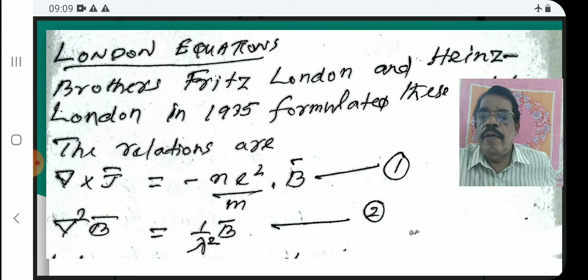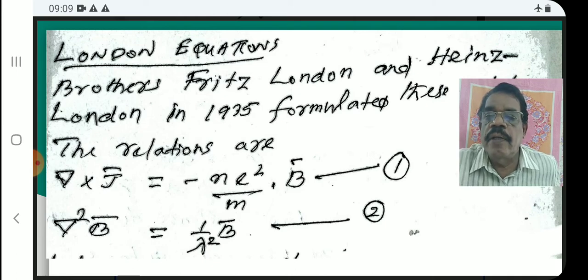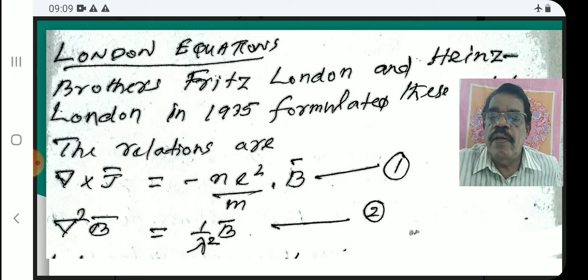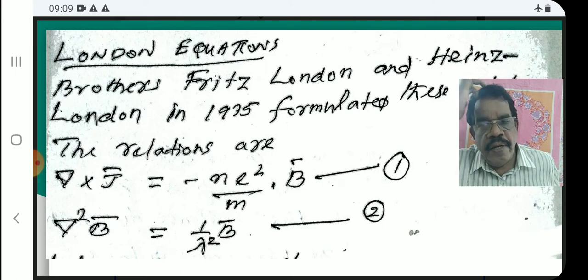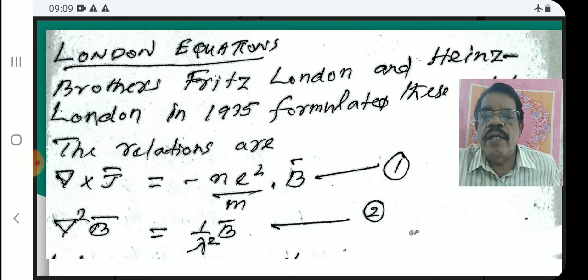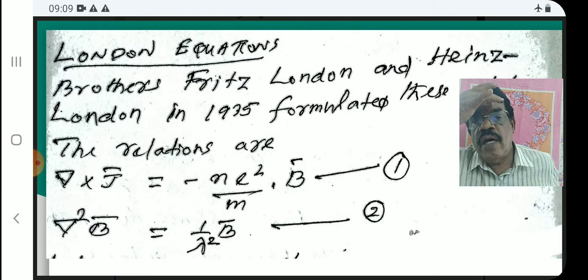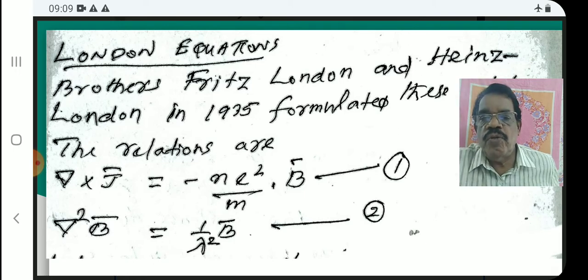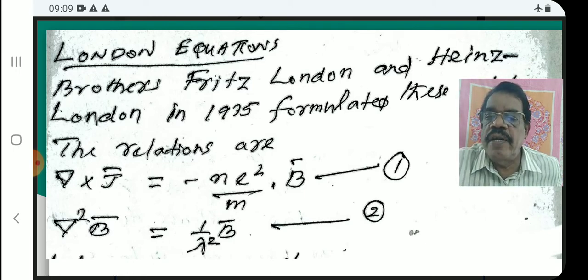The first equation is del cross J, the curl of the current density J, equal to minus n square e square by m into B, equation number 1, where B is the magnetic field, e is electronic charge, n is the number of electrons per unit volume, m is the mass of electron, J is current density.